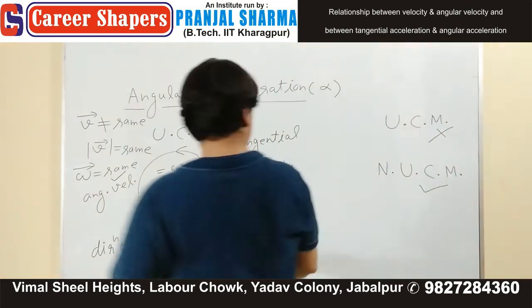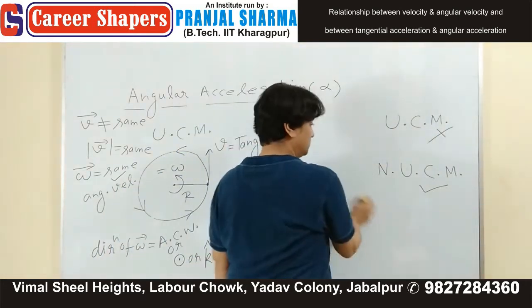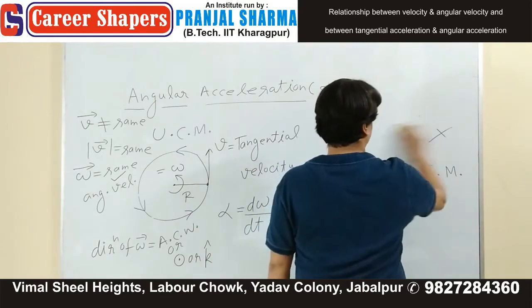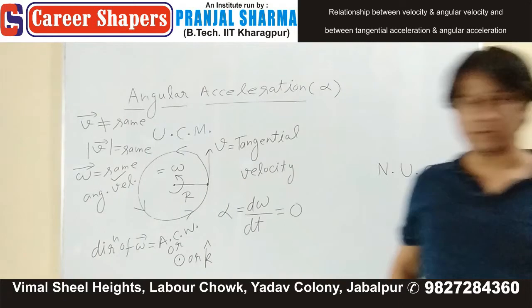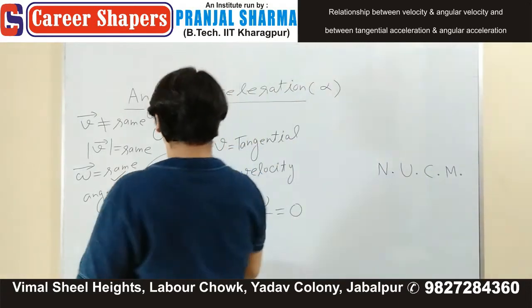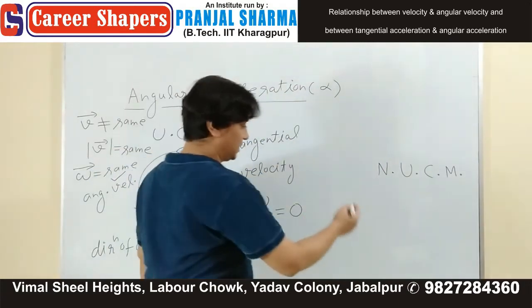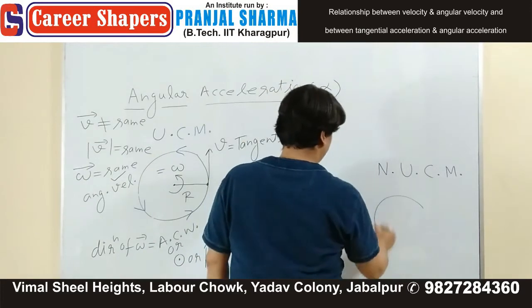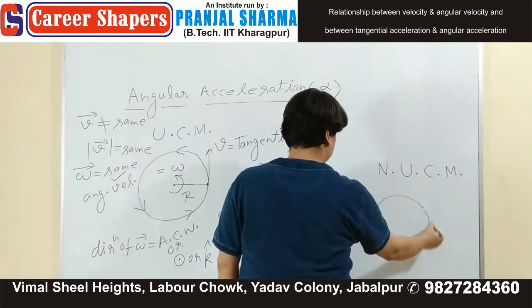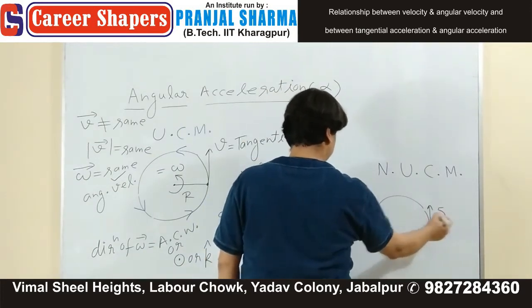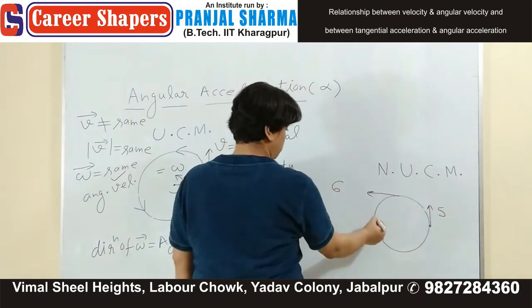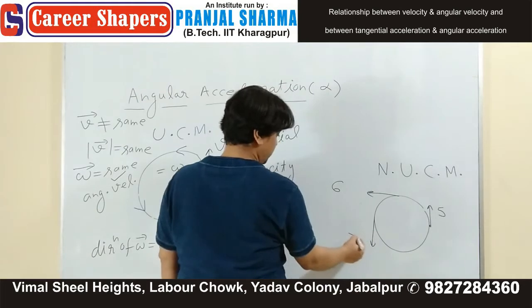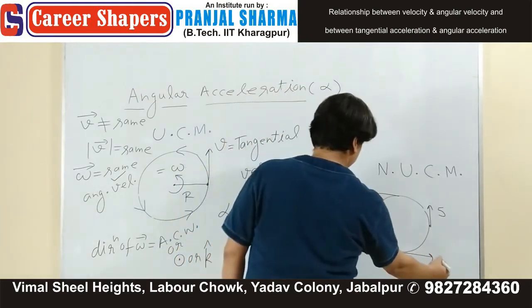Now, if you have non-uniform circular motion, there is no need for me to explain this now, but let's do it fast. Non-uniform circular motion means your speed over here is 5. By the time you reach this position, it becomes 6. By the time you reach this position, it is 7, 8.